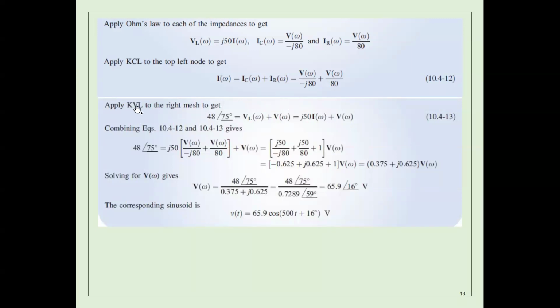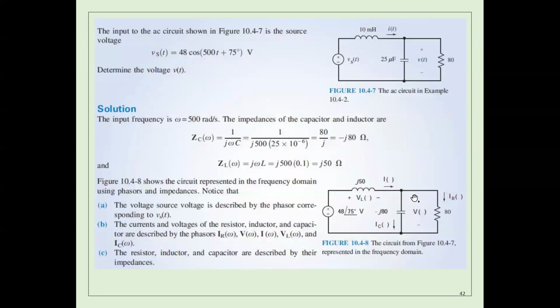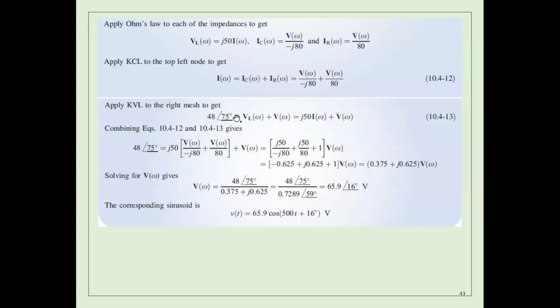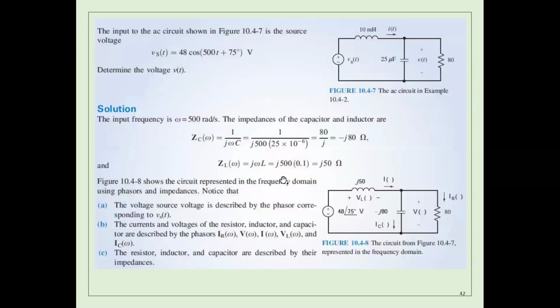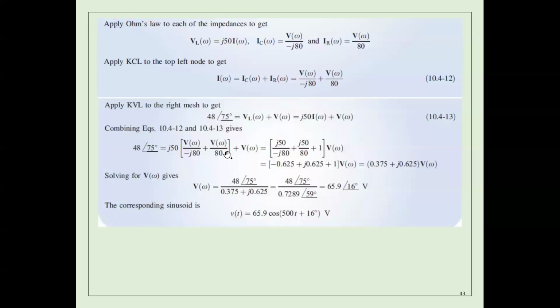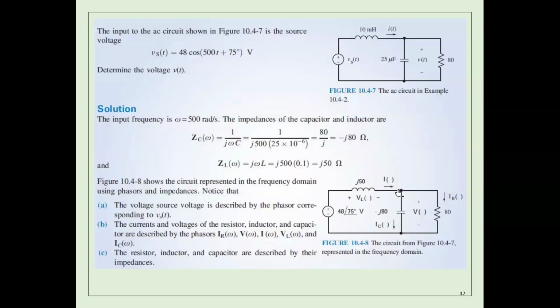But now I can apply Kirchhoff's voltage law. If I apply Kirchhoff's voltage law here, guys, the source should be equal to this voltage plus the voltage I have here. So this is the source, which should equal the voltage here plus the voltage here.